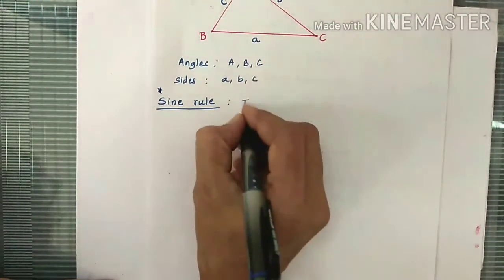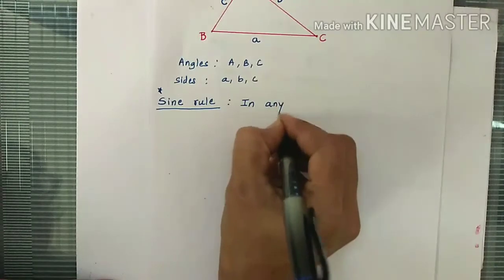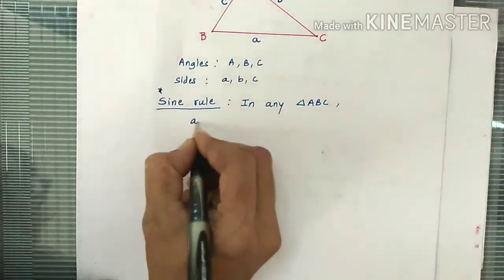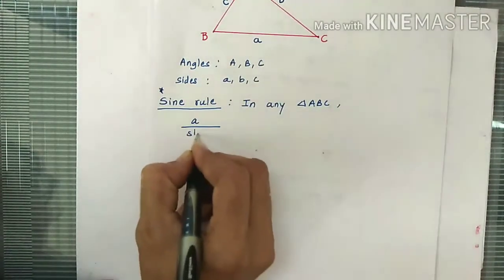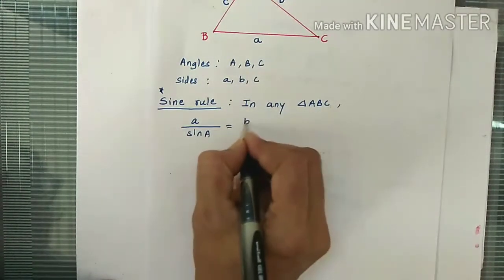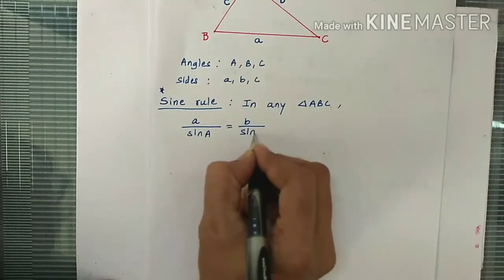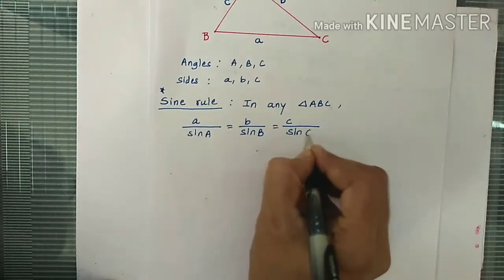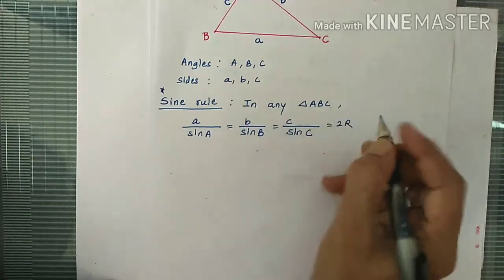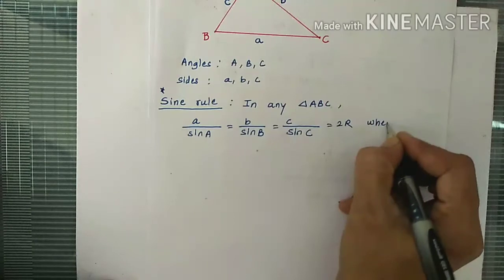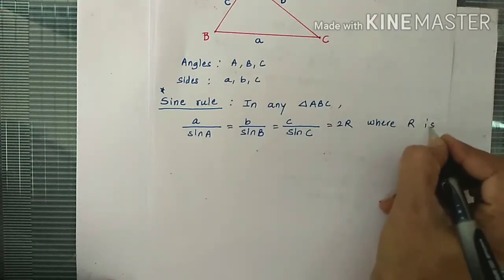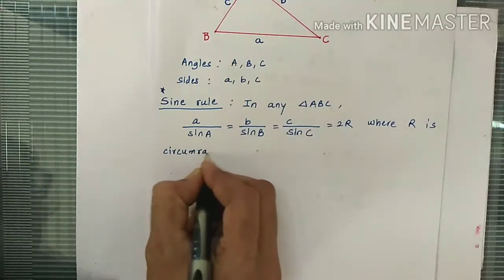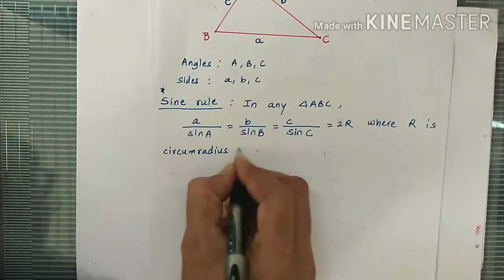So sine rule is: in any triangle ABC, using the proper convention, a upon sine A equal to b upon sine B equal to c upon sine C equal to 2R, where R is circumradius of triangle ABC.